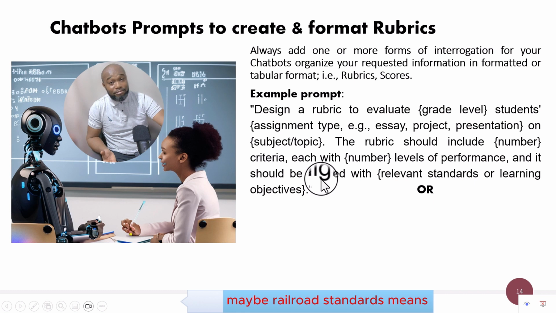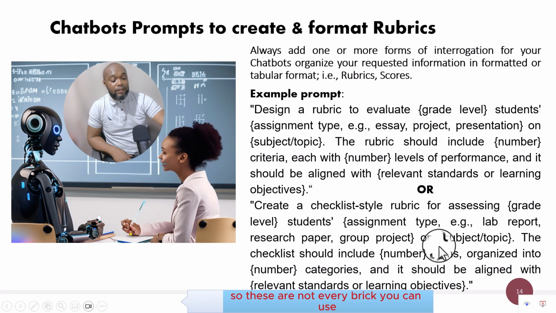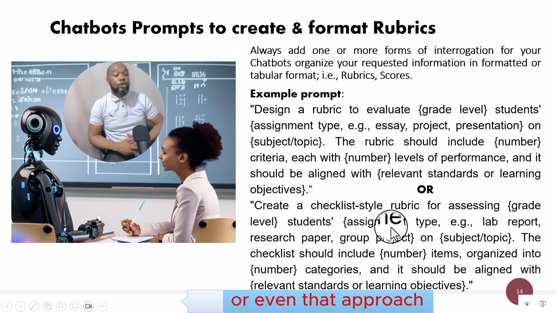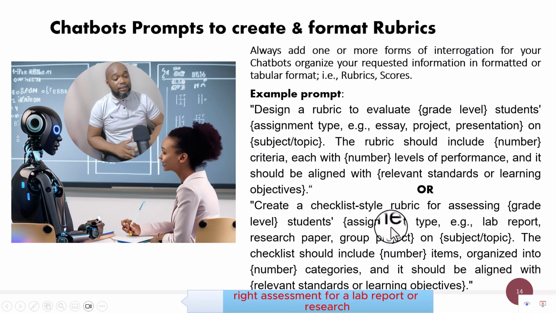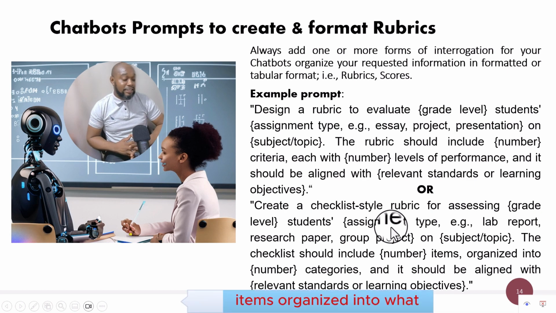Relevant standards may mean terminal exams, maybe WAEC, or special exams or foreign exams. This is another prompt you can use to generate a rubric: create a checklist rubric for assessing grade-level students, right? Assessment for a lab report or research paper and all that. The checklist should include a number of items organized into different categories.